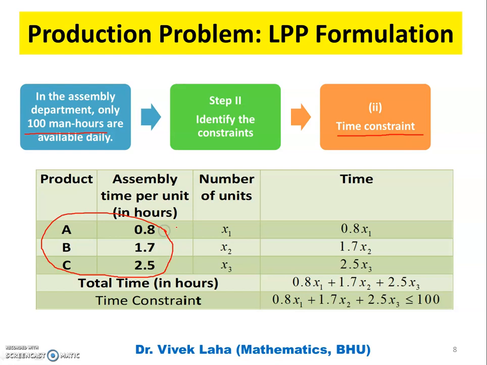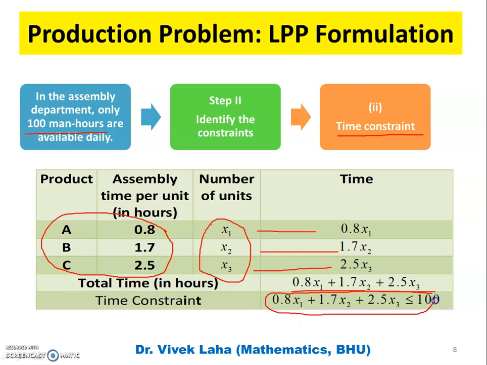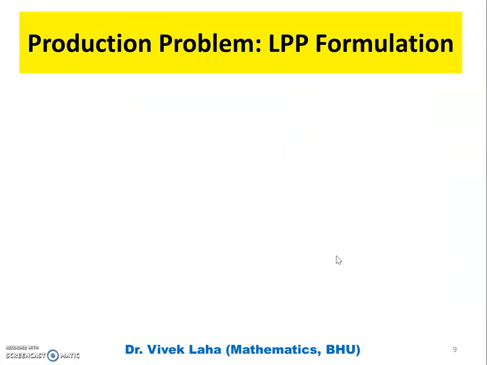We have assumed that the number of units of A is x1, for B it is x2, and for C it is x3. So the time will be 0.8x1, 1.7x2, and 2.5x3. The total time in hours will be 0.8x1 + 1.7x2 + 2.5x3, but it cannot be more than 100. So this is the constraint, and we have associated it with this mathematical form.